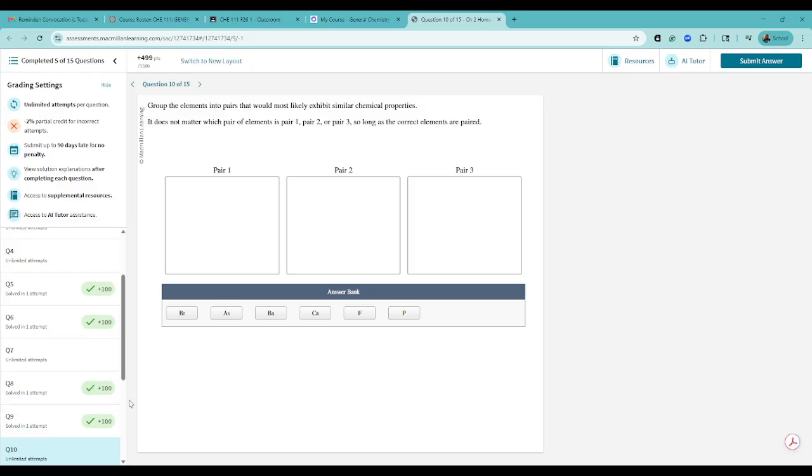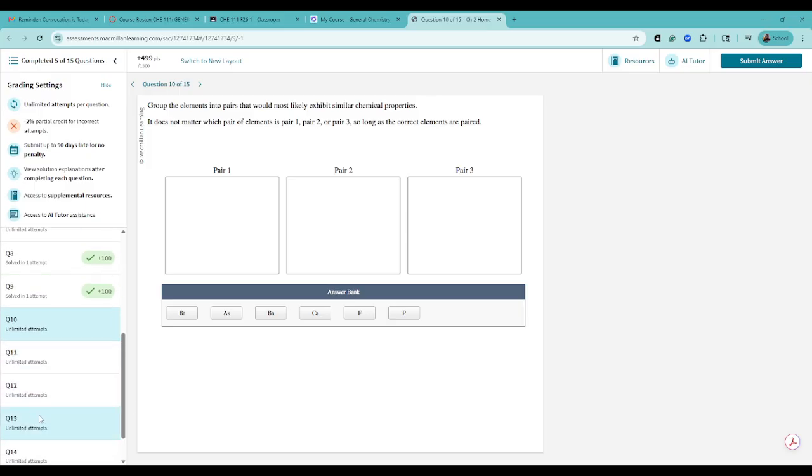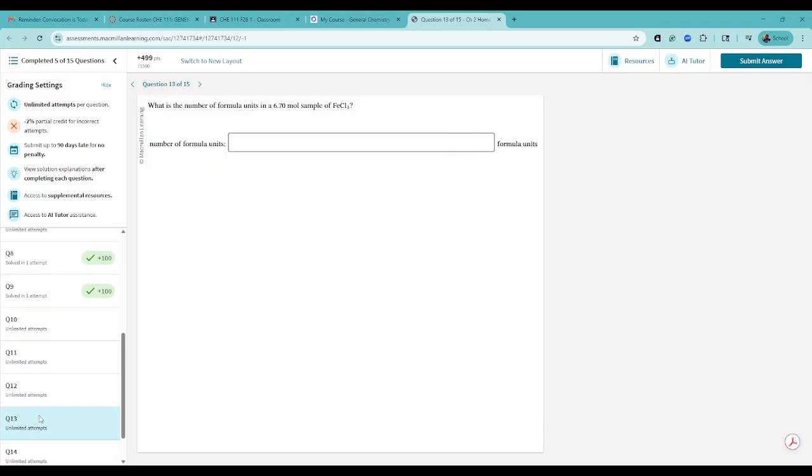Okay. That's number 9. Jumping straight to 13, where we actually have some mole math. There's 6.7 moles of iron chloride. Moles to atoms or moles to formula units uses Avogadro's number.